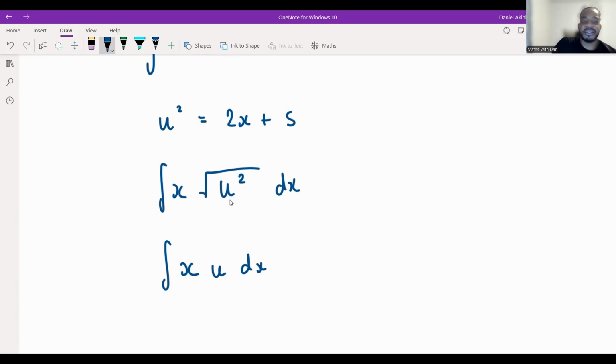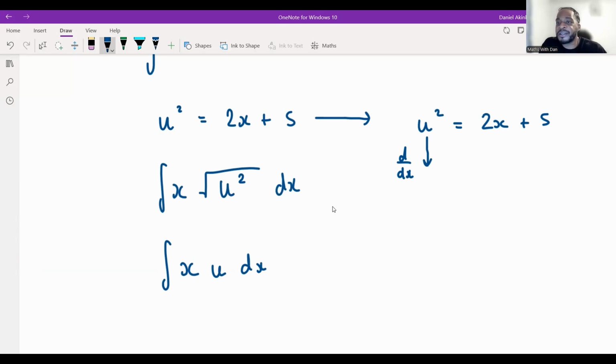Now, I also need to figure out what dx is. So I've got u squared, and I need to differentiate with respect to x. When I differentiate this with respect to x, guys, could somebody tell me what I get? This is another topic in differentiation that you may or may not have done yet.